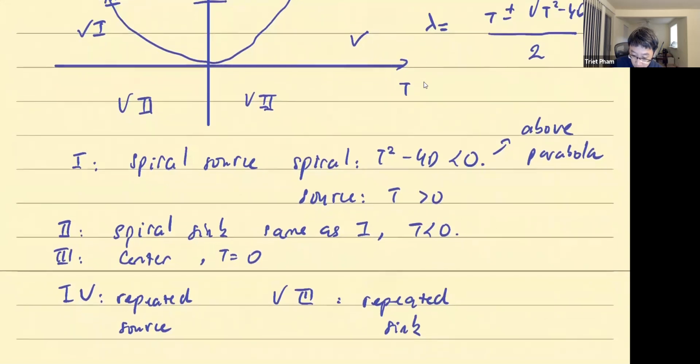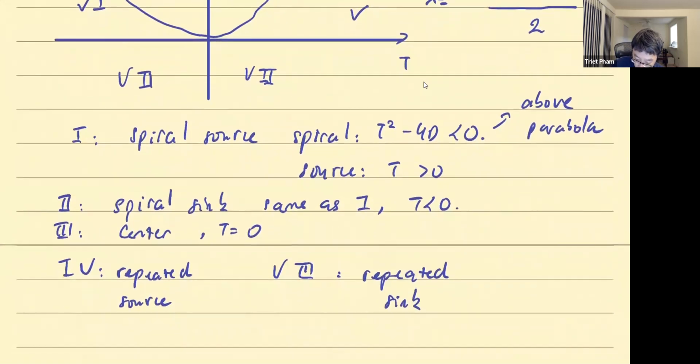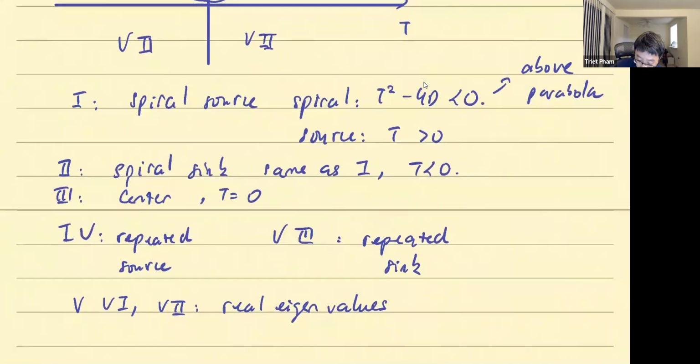So now to decide 5, 6, and 7, what we need is, they're both real eigenvalues, so we need to check the sign of the eigenvalues, in other words, same or different.